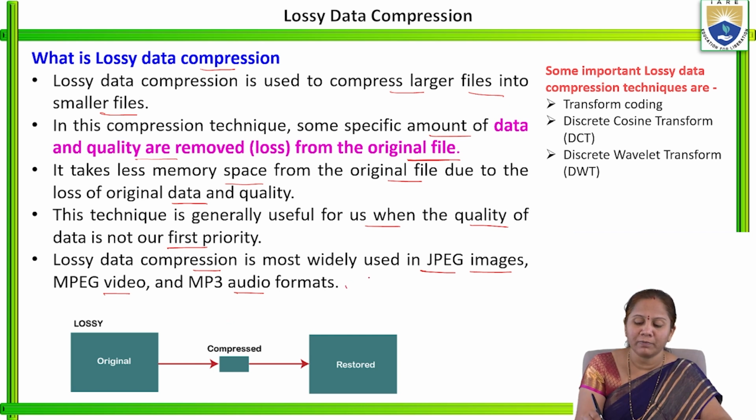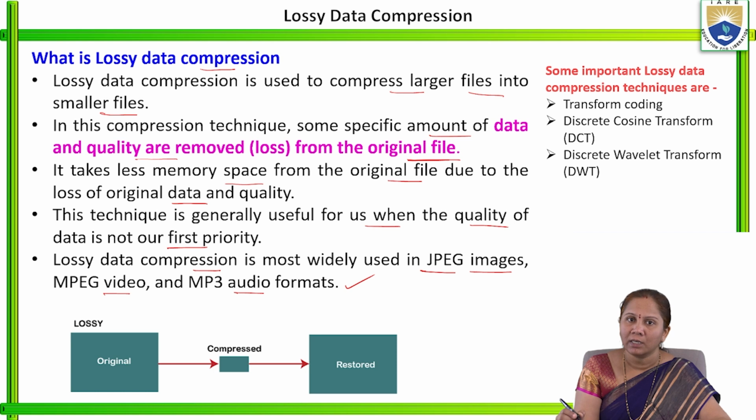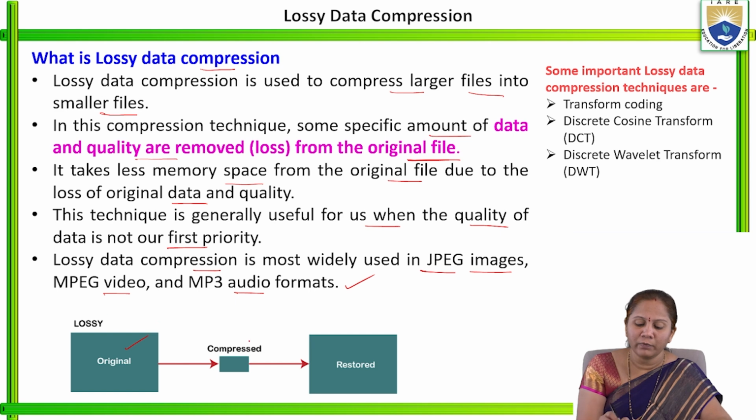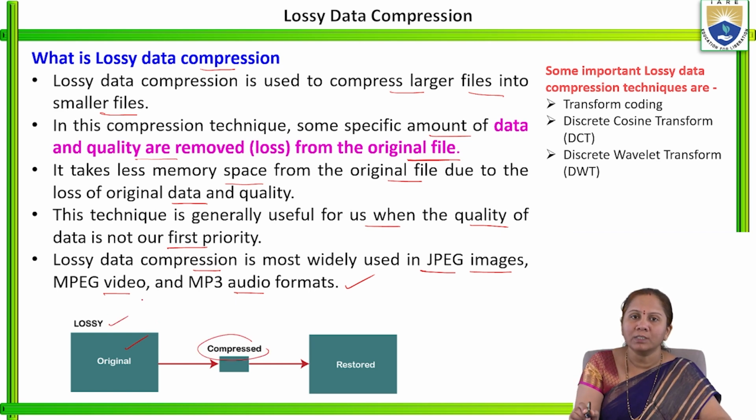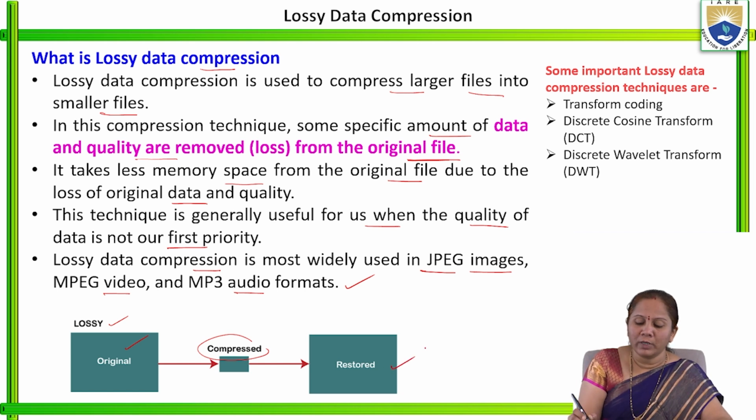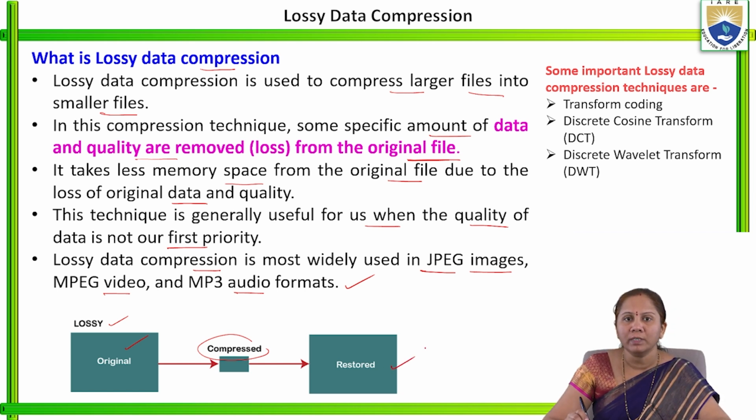Here is a simple block diagram which shows the compression technique. This is the original image, and if we compress it using lossy data compression, the output we get is the restored image.